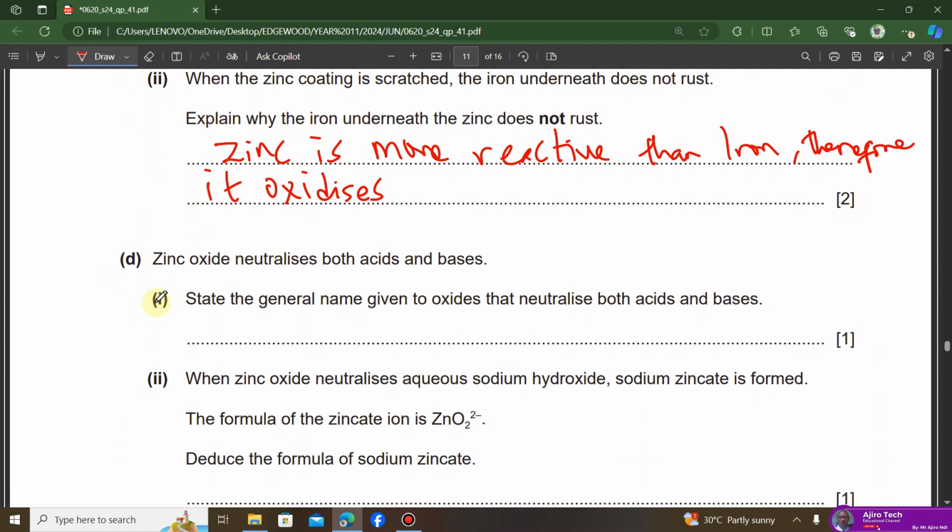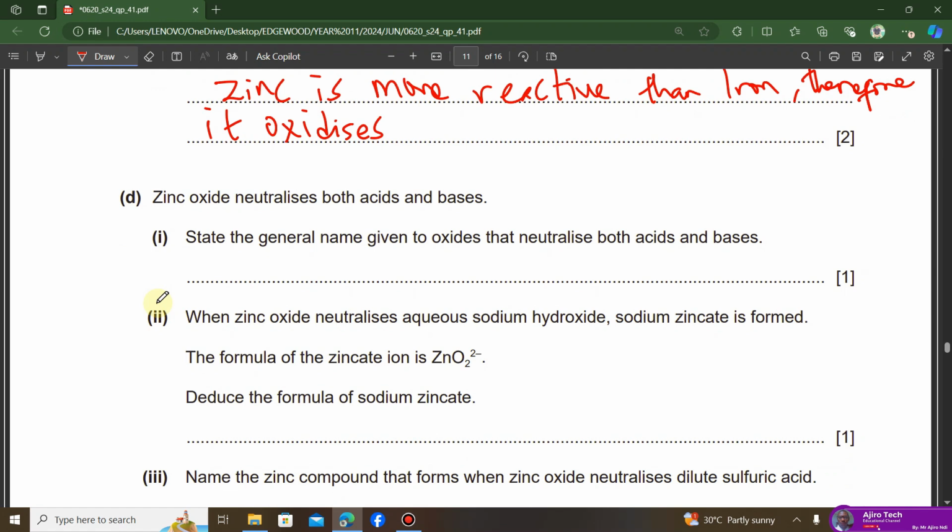Zinc oxide neutralizes both acids and bases. State the general name given to oxides that neutralize both acids and bases. From your knowledge of acids, bases and oxides, we have the acidic oxides, the basic oxides, and the amphoteric oxides. Amphoteric oxides neutralize both acids and bases.